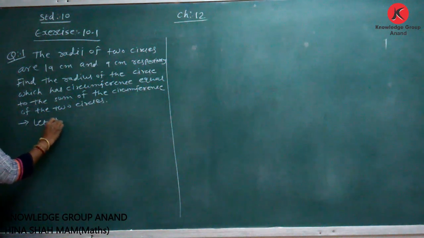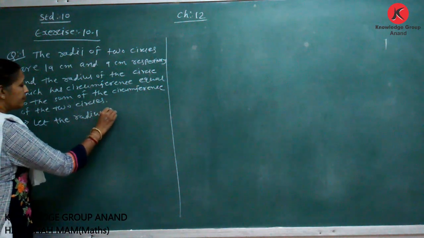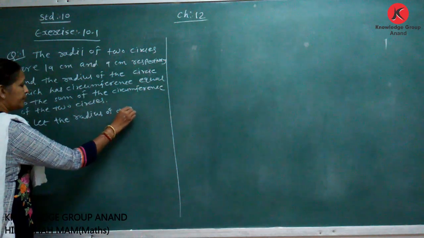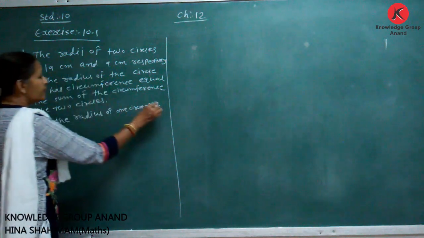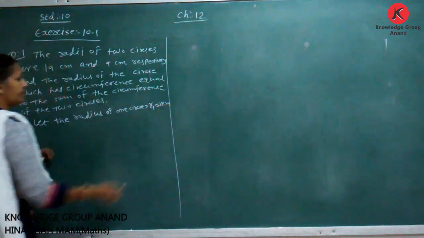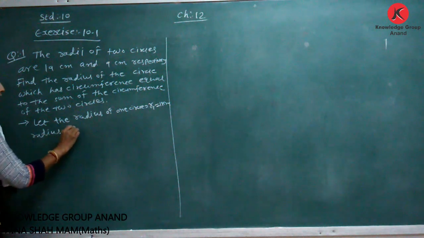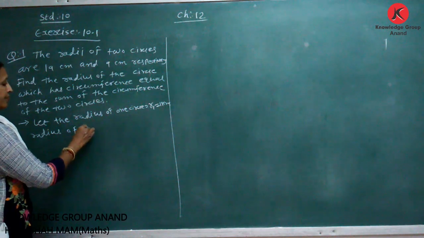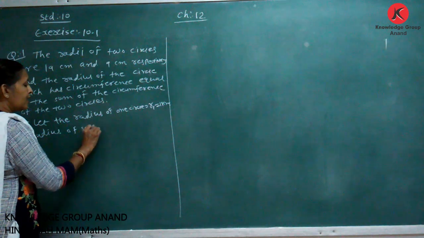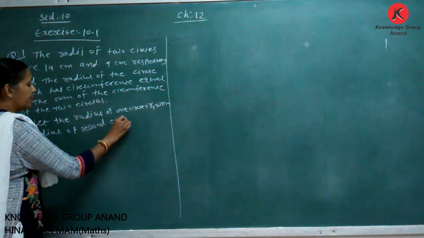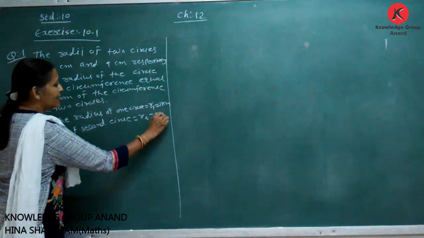Let the radius of one circle be R1 equals 19 cm. Radius of the second circle is R2 equals 9 cm.